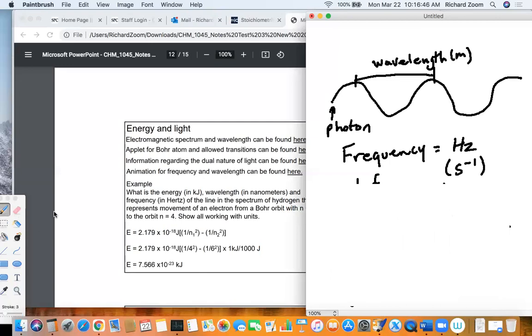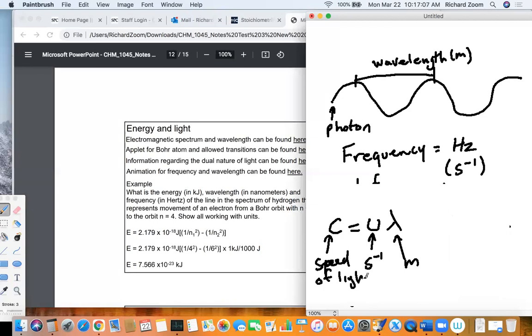I had a brain freeze. Let's try that. c equals nu lambda. That's what it is. That's seconds to the -1. That's meters. That's the wavelength. And this is the speed of light. Sorry about that. And that's in meters per second.